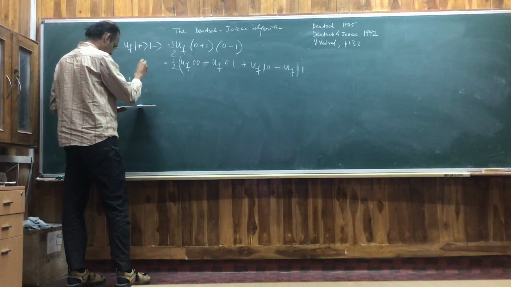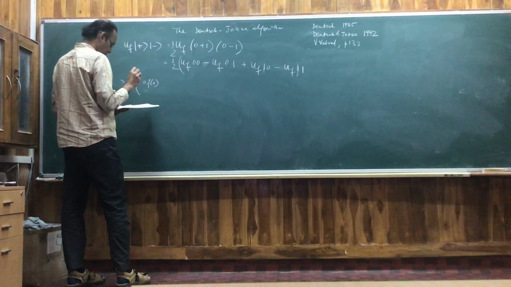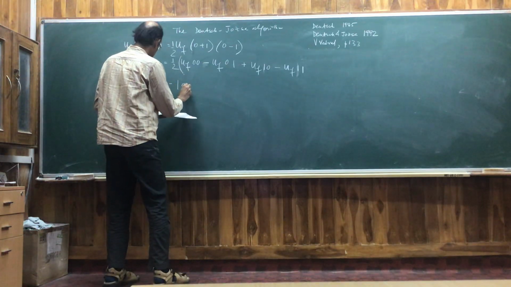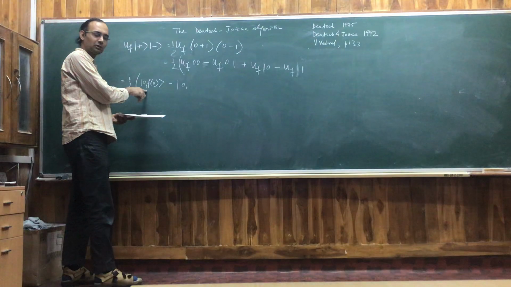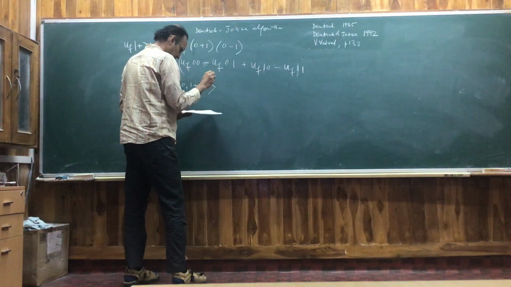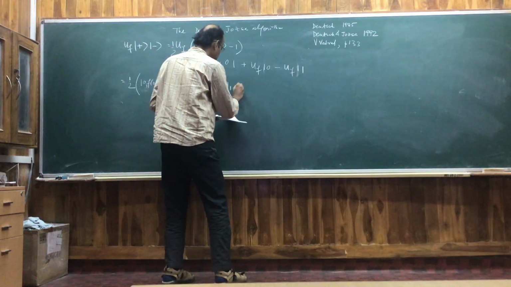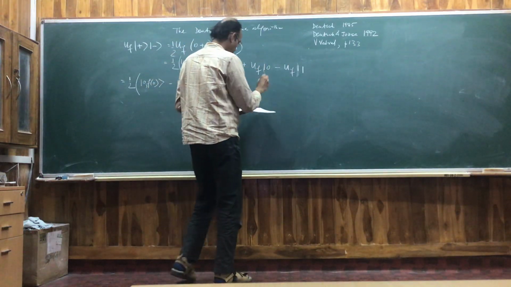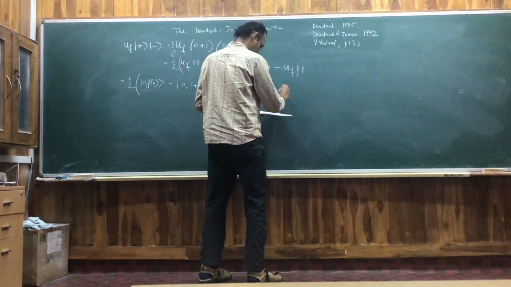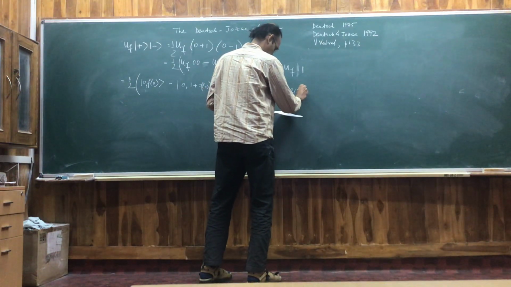It will be 0, F0 minus 0, I'm putting a comma for the tensor product, 1, plus, F0, see whether I have done it correctly, plus 1, F1 minus 1, F1.